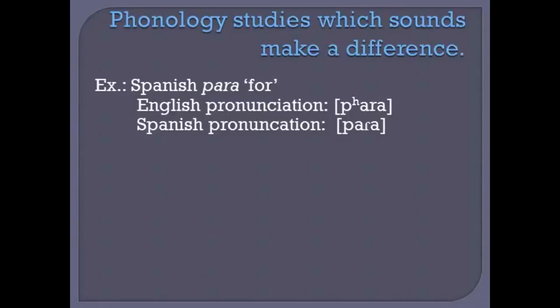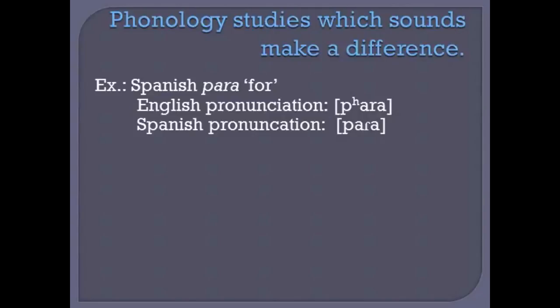You'll have an English accent. If you hear a native Spanish speaker saying the word, you'll hear them say something closer to para with an unaspirated P. Notice the aspiration's not there, and also the R is really an alveolar flap, the same thing that we saw in English in words like better and little.